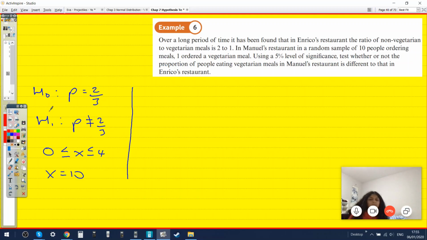Yeah, for the null hypothesis and the alternate hypothesis. Let's read this one properly. Non-vegetarian to vegetarian. So non-veg, that's basically meat, is 2/3. And veg is 1/3.